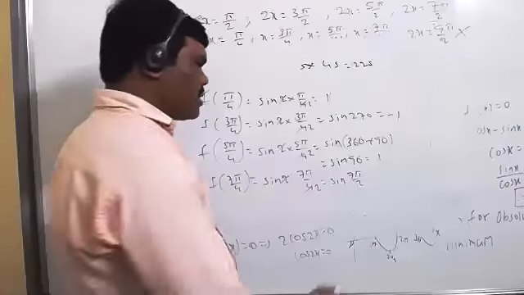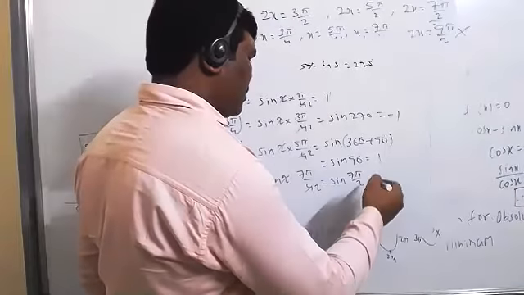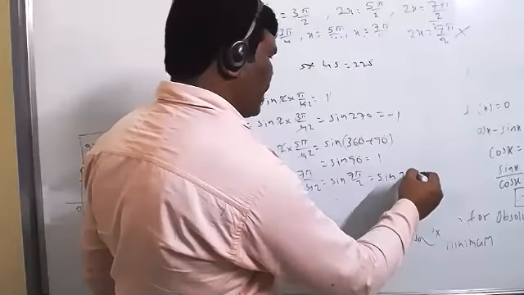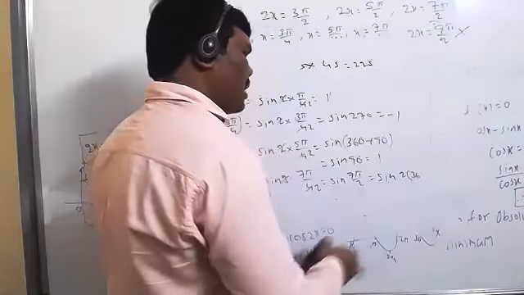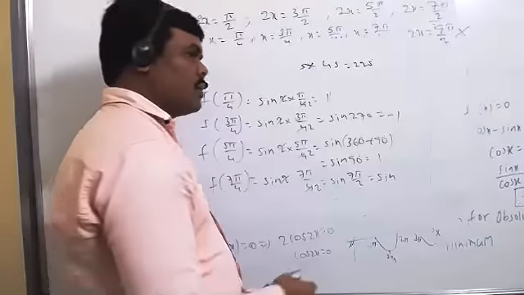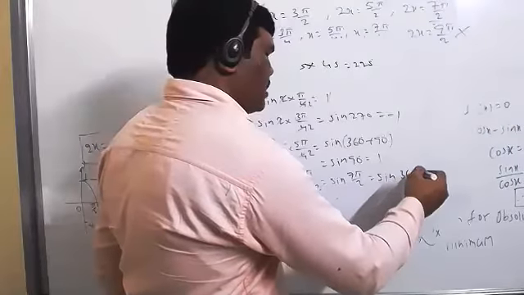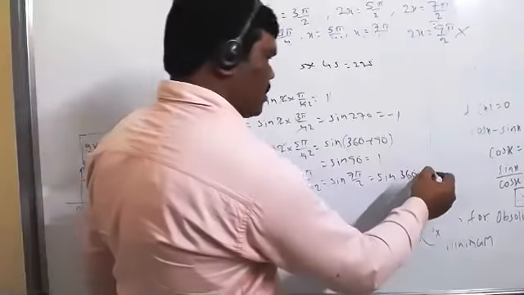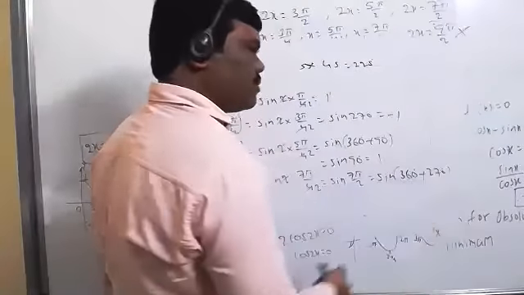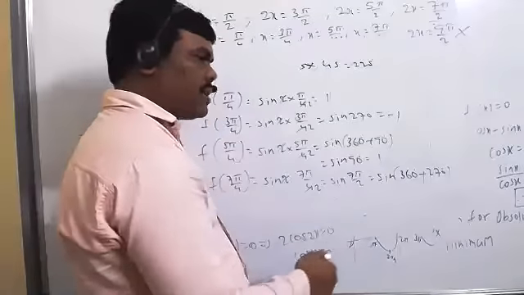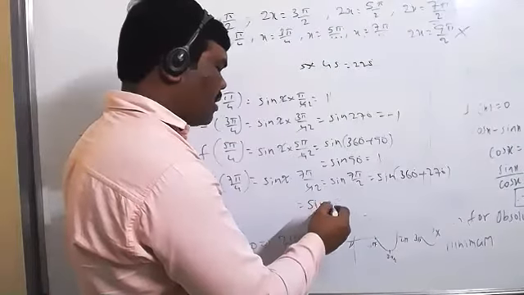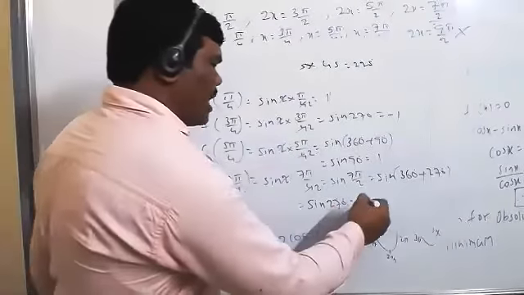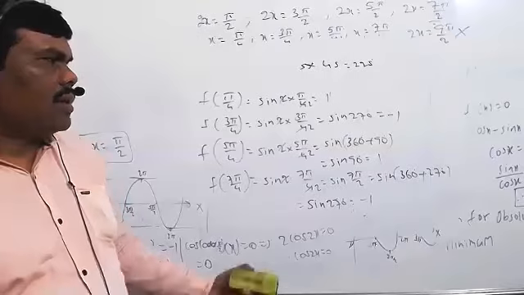Is correct? 630, or else you do one thing: 630 is 360 plus 270, na? If you want more clarity, you can take both. Then sine 360 plus theta is sine theta only. That means it should be equal to sine 270. Anyhow, sine 270 we got previously, minus 1.